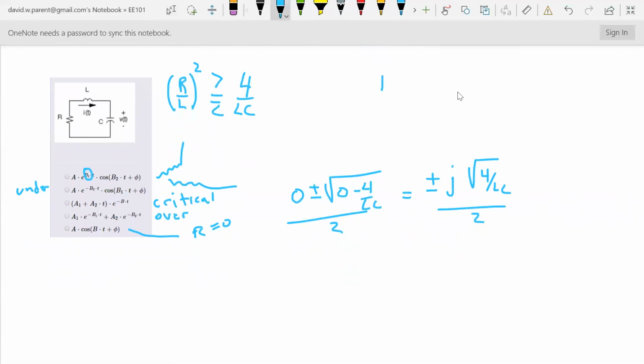With the parallel case, it's this. If R is 0, then this goes to infinity. But if R is infinity, this goes to 0, and that's where you get that oscillation behavior. All right. And those do show up.